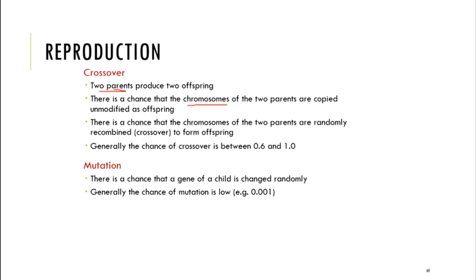And this chance of combination is somewhere between 0.6 and 1.0. I'll show you graphically as well what I mean here. Mutation has a much smaller probability. Only one gene or one chromosome of any individual is changed at a time, and that also with a very, very, very small probability.